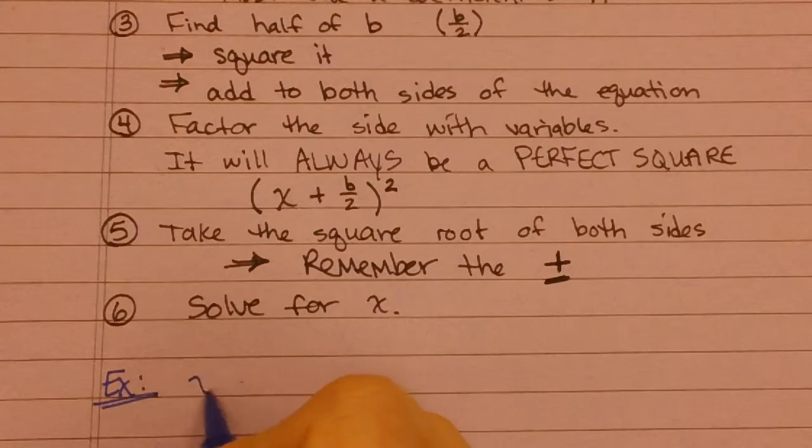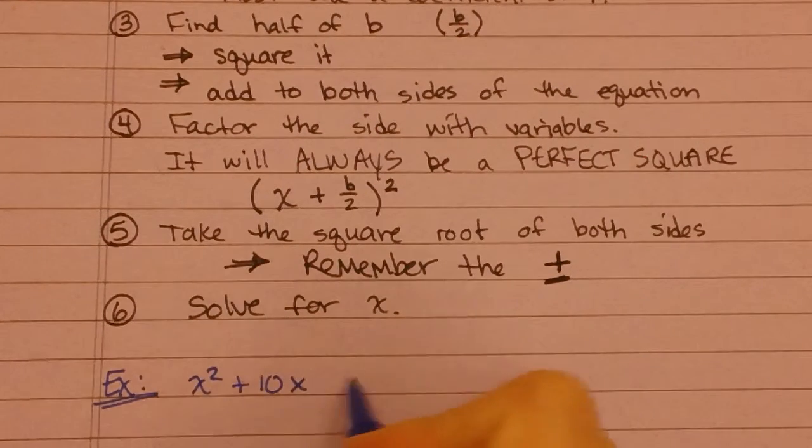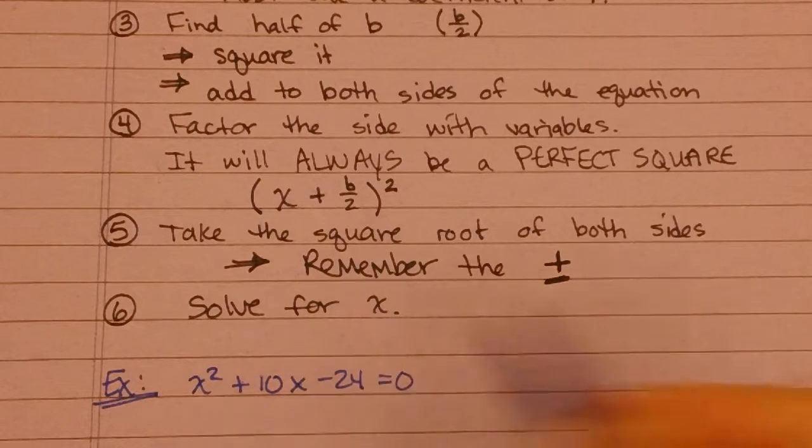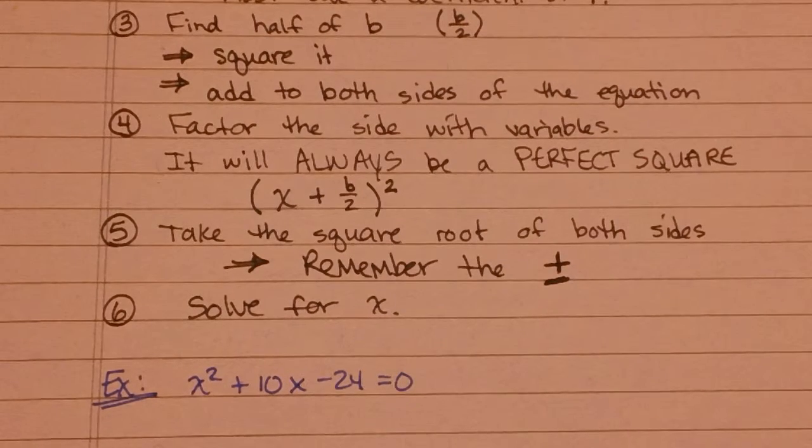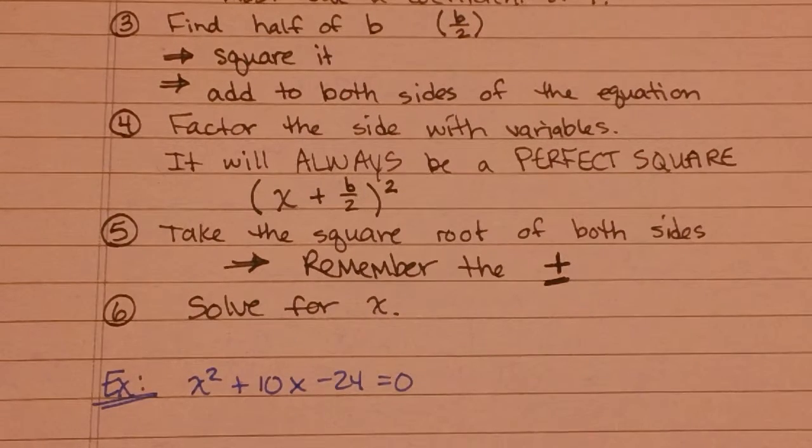We'll start with x squared plus 10x minus 24 equals 0. The first thing we need to do is get the variable terms on one side and the constant term on the other. So we will be adding 24 to both sides. So we have x squared plus 10x.